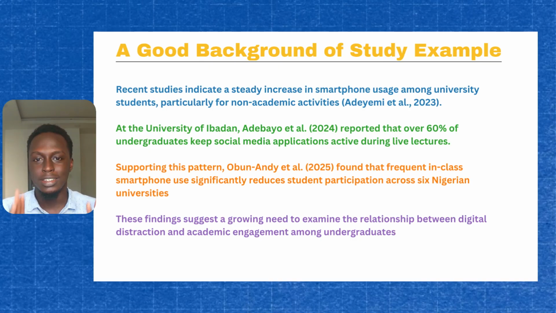Supporting this pattern, (name, I don't pronounce it) found that frequent in-class smartphone usage significantly reduces student participation across 6 Nigerian universities. These findings suggest a growing need to examine the relationship between digital distraction and academic engagement among undergraduates.